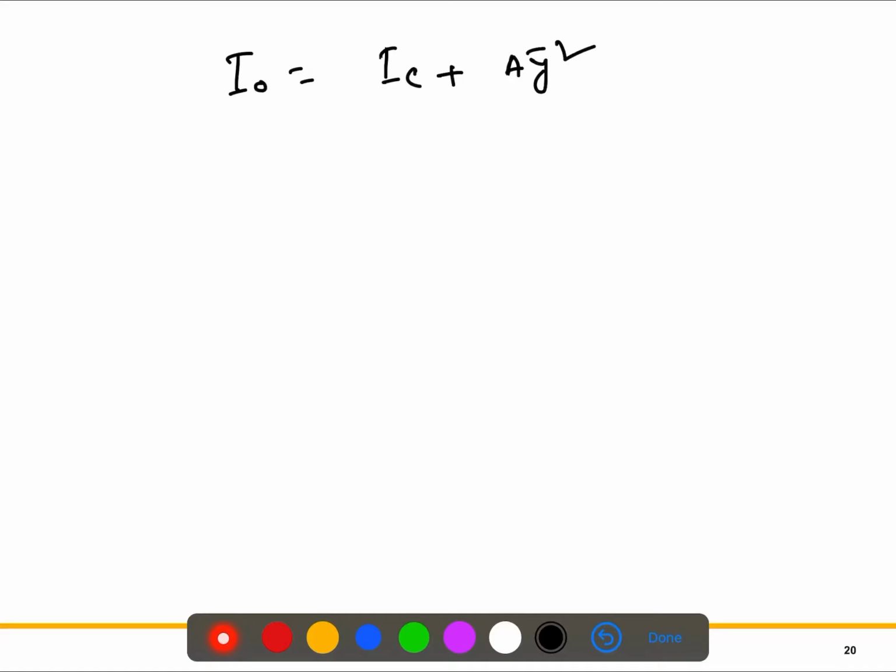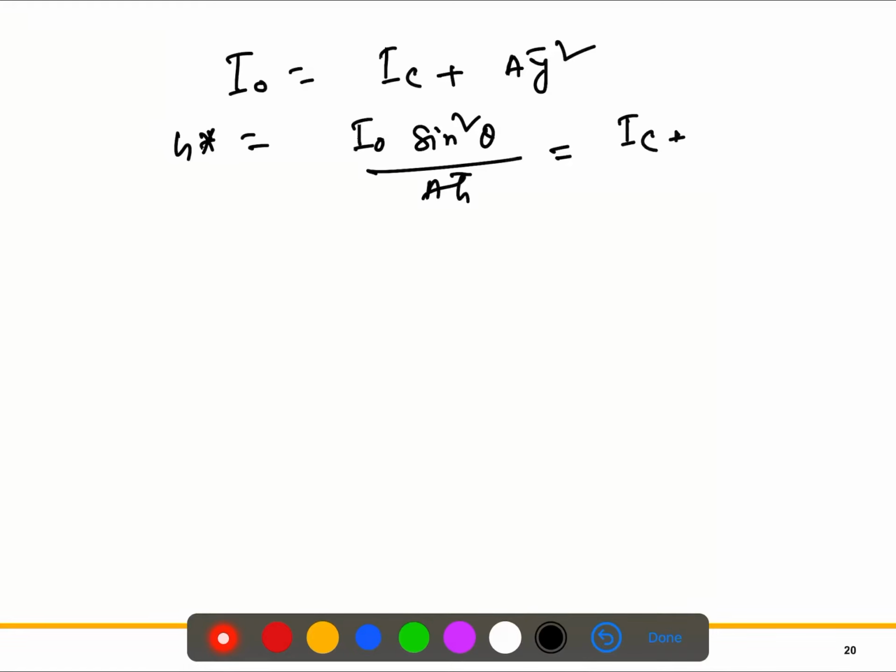Previously we know h star is equal to I naught sine square theta over A h bar. So substitute this value of I naught here.